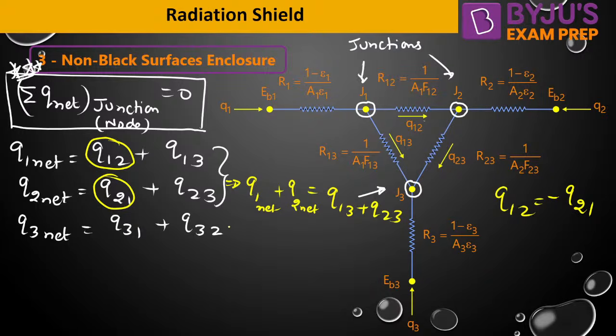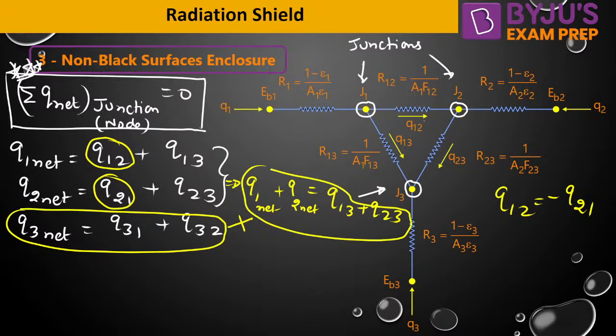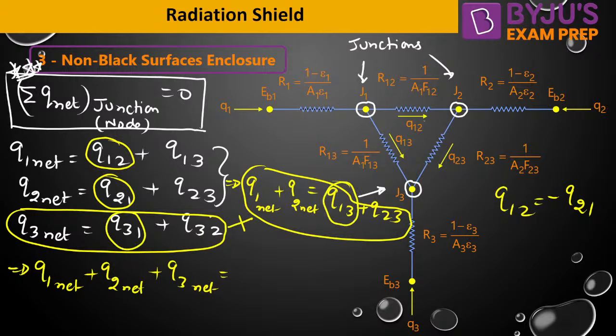And then if we add these together, what will we get? Then we will get Q1 net plus Q2 net plus Q3 net on the left hand side, which will be equal to, on the right hand side, Q3 to 1 is equal to minus Q1 to 3, and Q3 to 2 is equal to minus Q2 to 3.